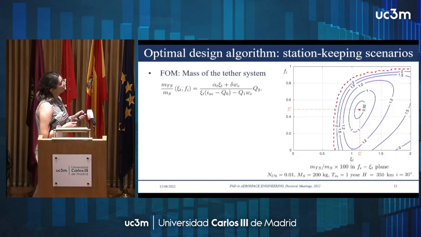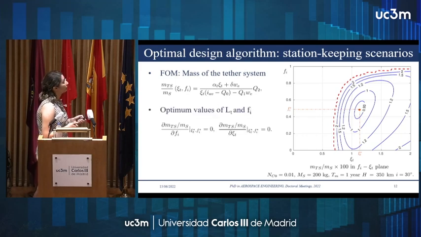Then we can compute the mass ratio as a function of tether length and insulated fraction, and we can plot it in this plane, and it shows again a minimum that minimizes the mass ratio, and we can find the optimal values of tether length and insulated fraction.